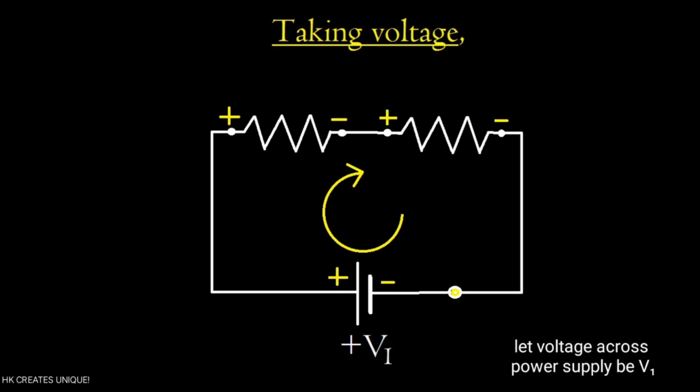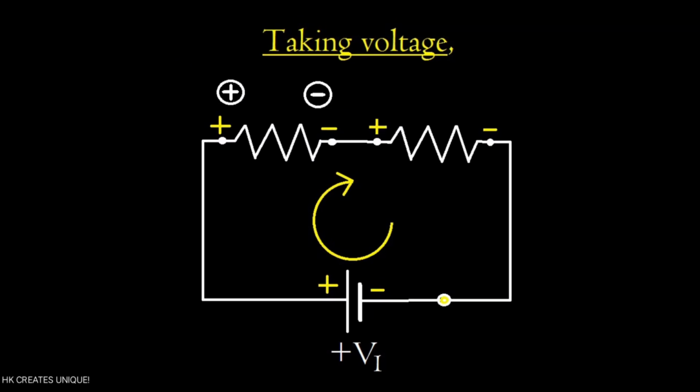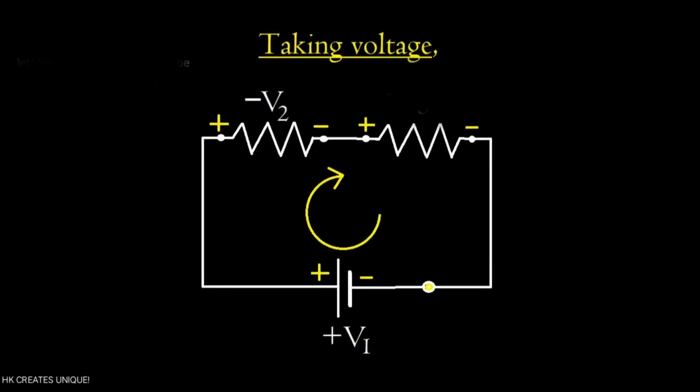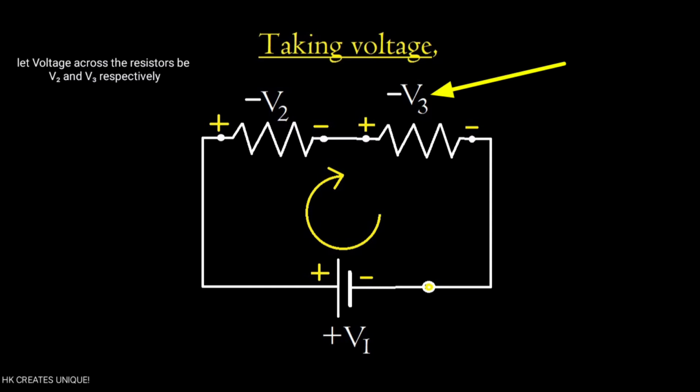Now let's take voltage in the second component, that is the resistor. Voltage polarity of the resistor goes from positive to negative because we are taking voltage in clockwise direction. So if it goes from positive to negative, simply take voltage across the component negative. Similarly, in the third component, the resistor, it goes from positive to negative, so take voltage across it negative.